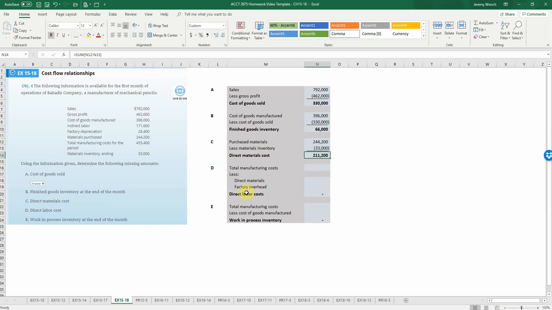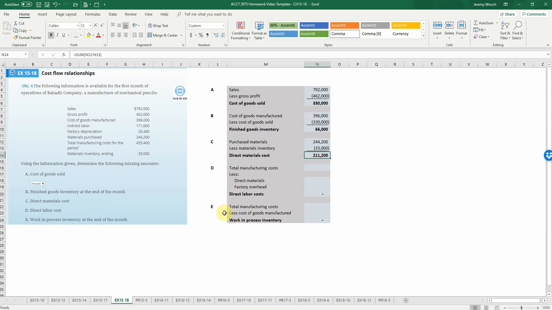Then in part D, we want to figure out the direct labor cost. We don't have a direct labor inventory account. That's all part of our work in process. As we incur labor, that goes straight into work in process. So for work in process, direct materials goes in, direct labor goes in, factory overhead goes in, and that's what makes up our work in process.